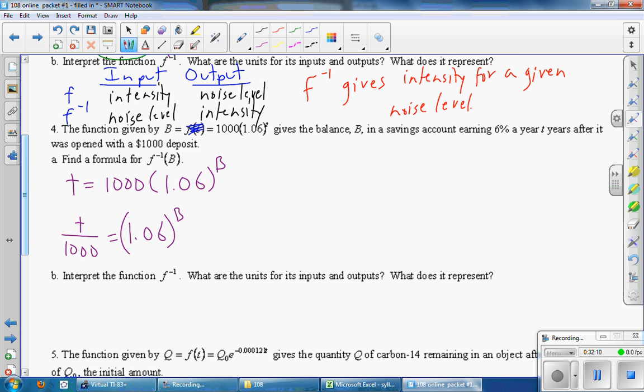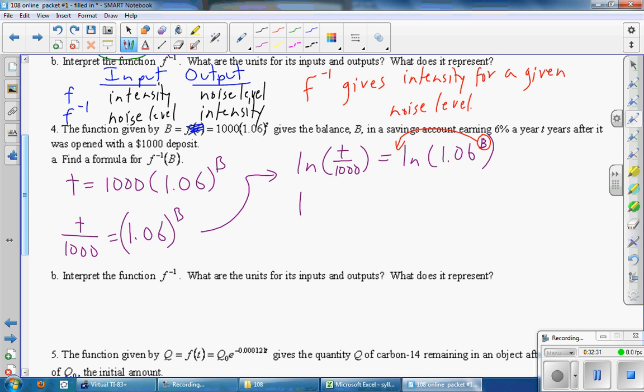I'll use ln in this problem. So ln of both sides. And then the nice property of ln that we're going to use here is that you can take an exponent inside of a log and bring it down to the front.